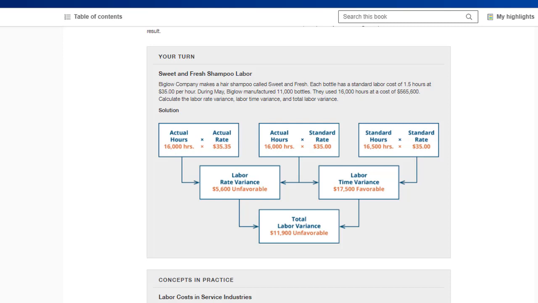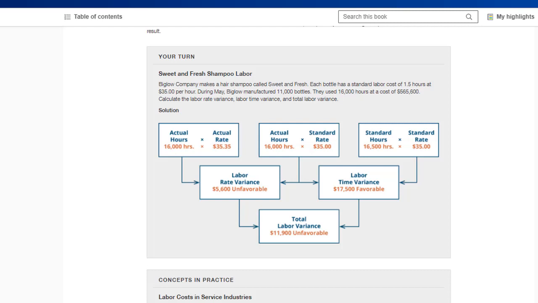It's a little bit of both. The company expected to pay a wage of $35 per hour. It actually paid $35.35, so in terms of how much they were paying per hour, they did worse than originally expected.